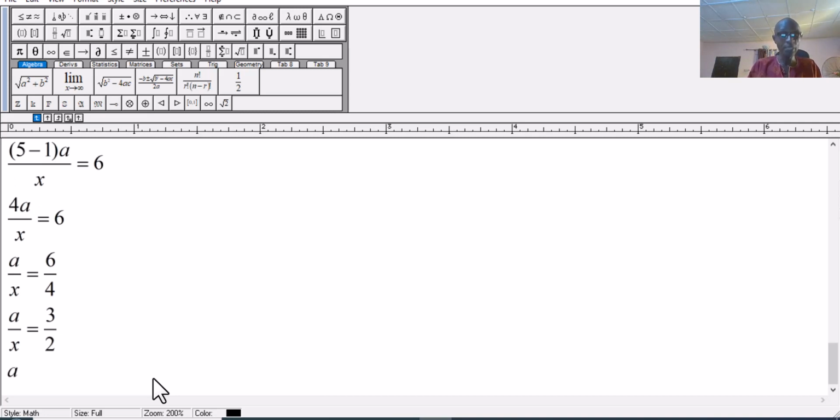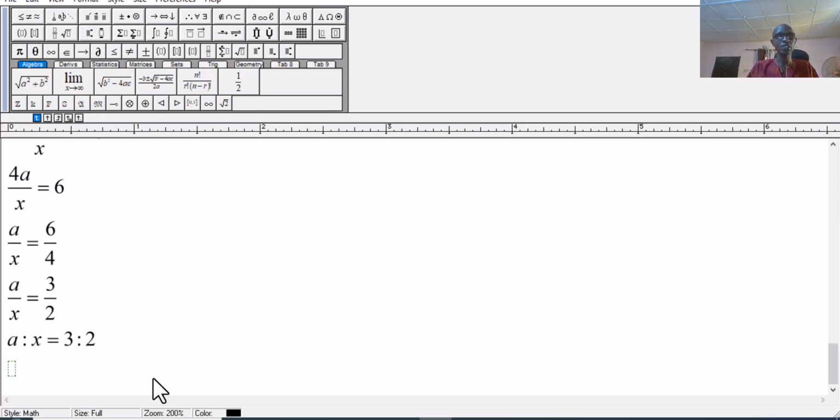So you can say that a is equals to 3 ratio 2. So invariably, comparing the identities, you can say a is equals to 3 and your x equals to 2.